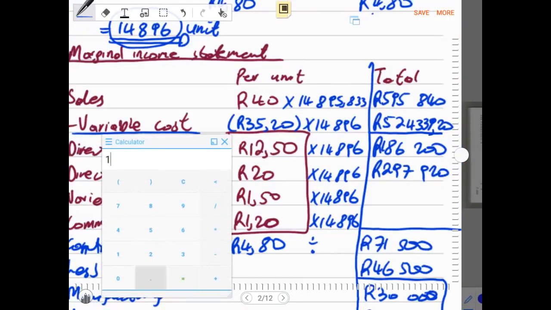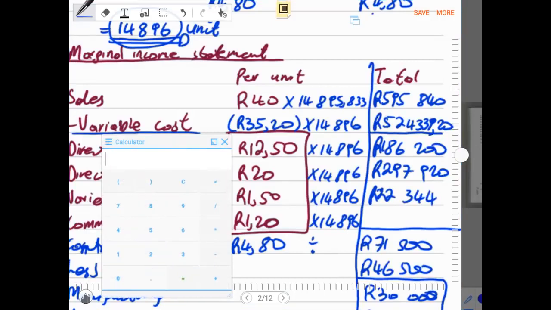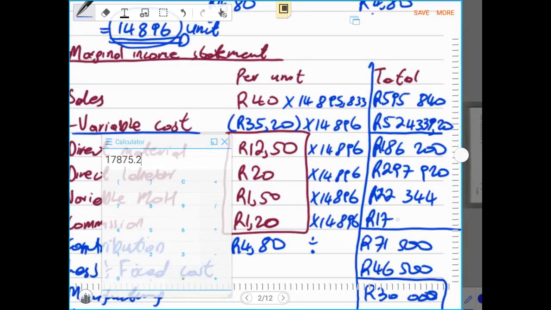Then we have 1 rand 50 cents times this by 14,896 units, and this will be 22,344. Then after we have 1 rand 20 cents times this by 14,896, then it gives us 17,875.40. So now this will be the totals.